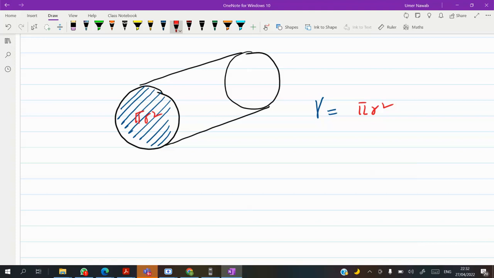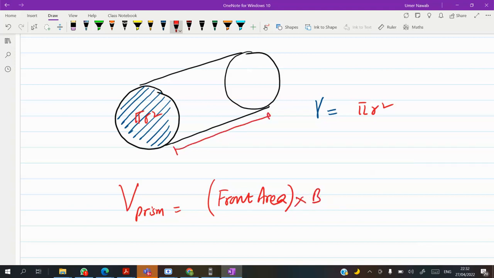For any prism, the volume is the front area, or base area, which we call the cross sectional area, times the back length. This is your height, the length which goes all the way back. If you cut the cross section from anywhere, it gives you the same area. So pi r squared h is the volume of a cylinder.